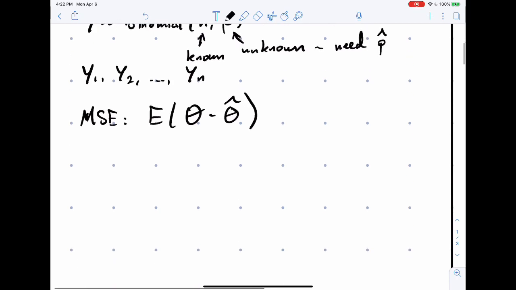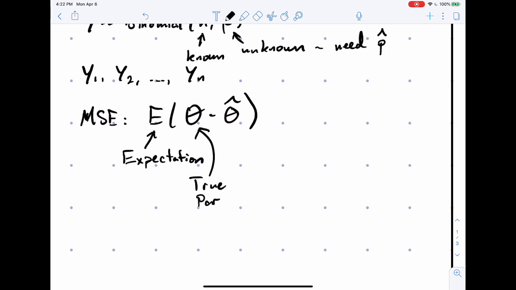This E is for expectation, which is just the mean, so the integral over the whole real line, or the sum of all non-zero probabilities. This theta is the true parameter. So we're looking at the expectation of the difference squared, the squared difference.